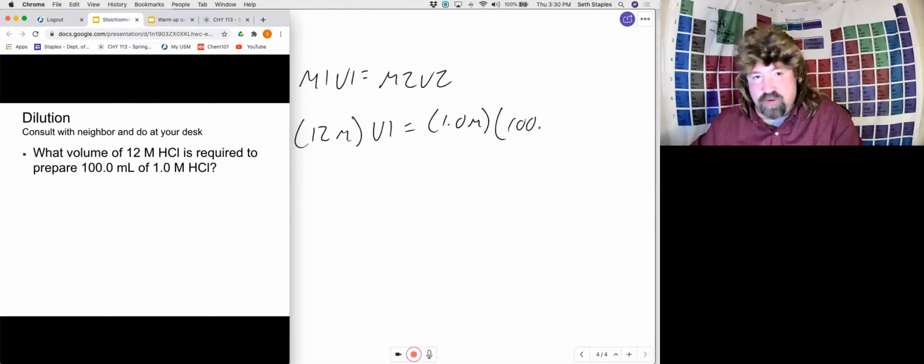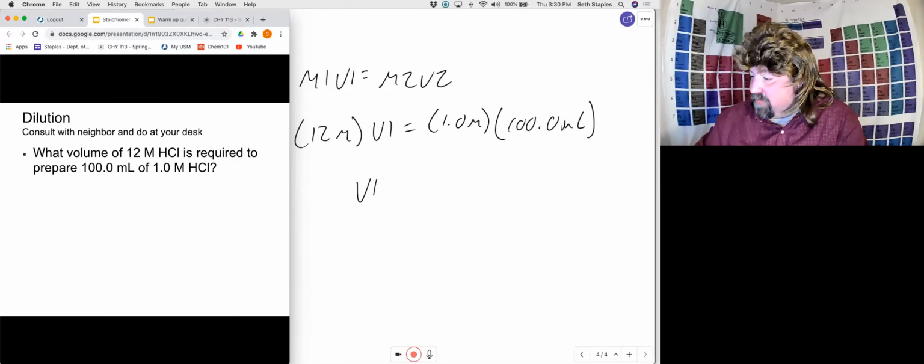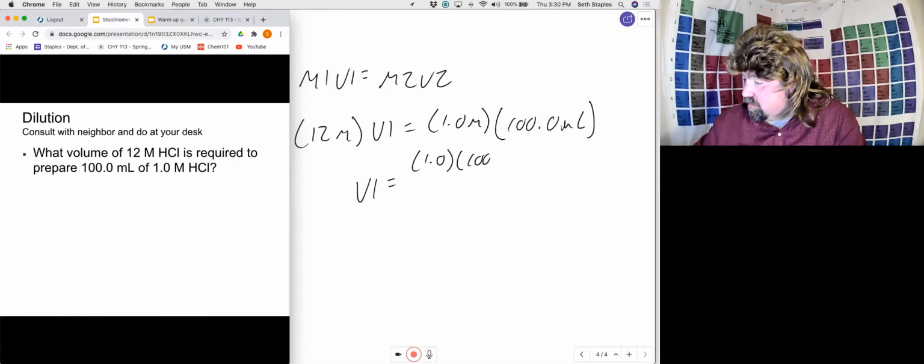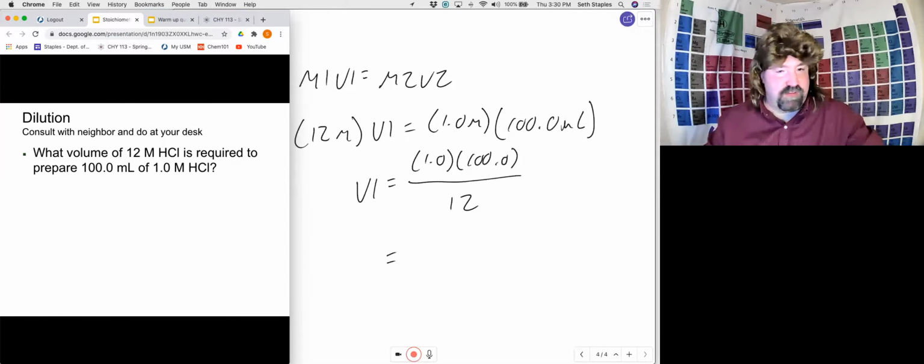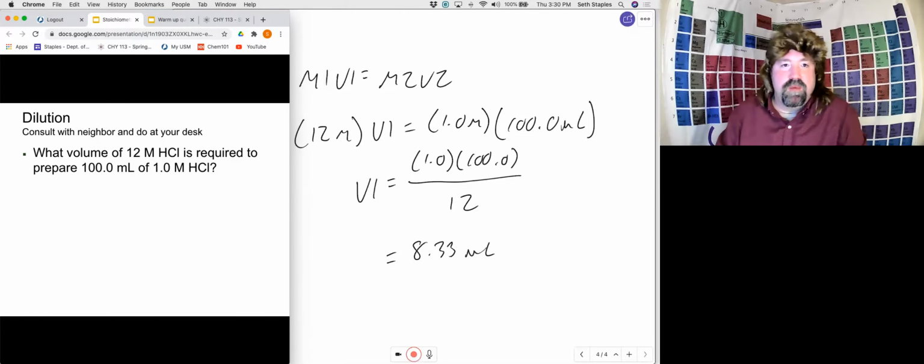What's nice about this equation is that even though molarity is in terms of liters, we can leave our units in milliliters here. We're just under the understanding that once we calculate V1, it will also be in milliliters. So we're going to get 1.0 times 100.0, all divided by 12. And so we get a V1 of 8.33 milliliters.